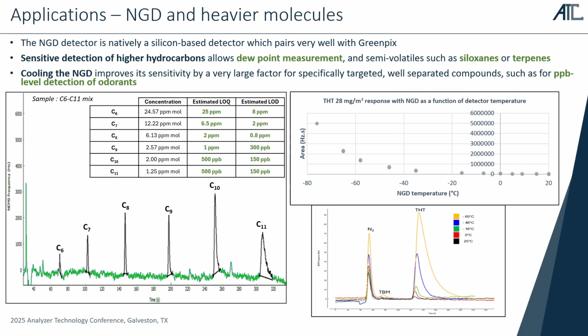So it can be very, very sensitive in cryogenic conditions, and it's especially useful to target specific molecules like siloxanes, and in this example here, THT is an application for deodorization, like the removal of THT. So it's a very versatile detector.